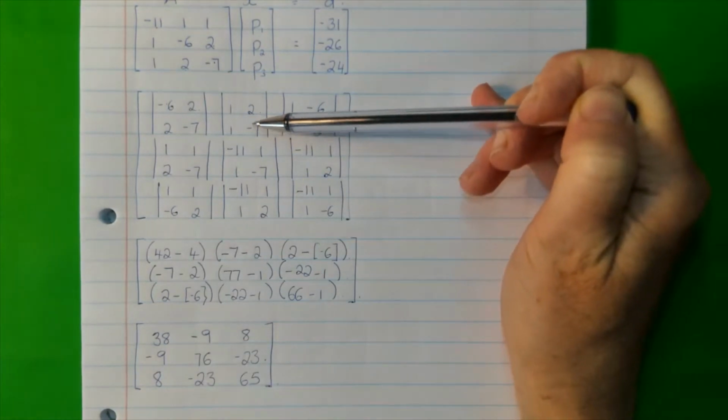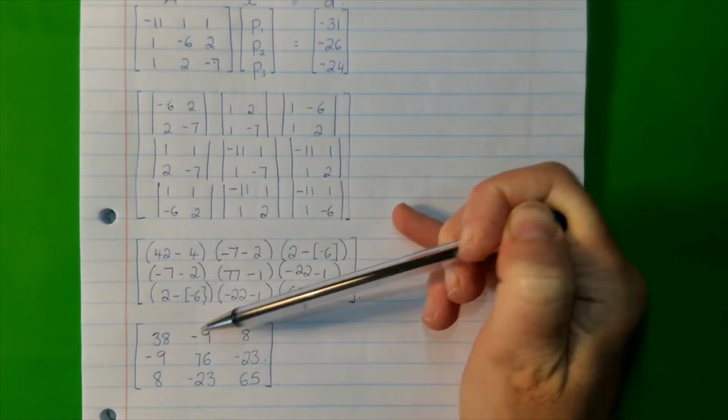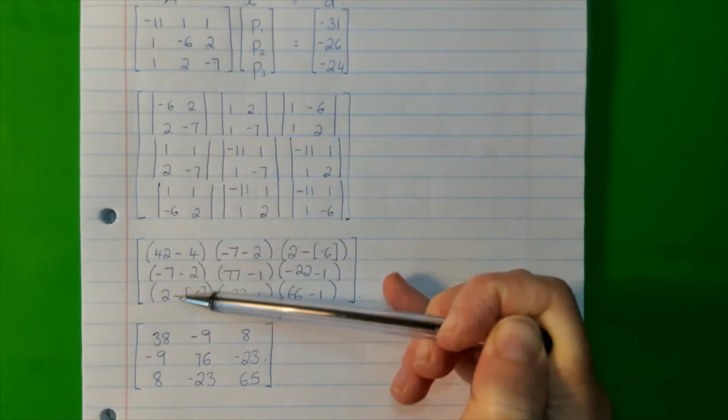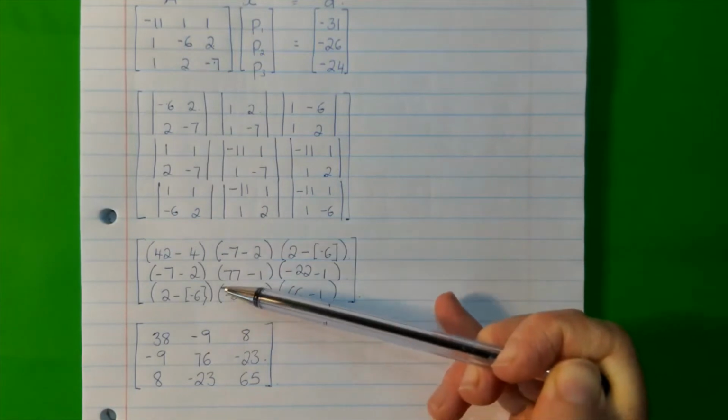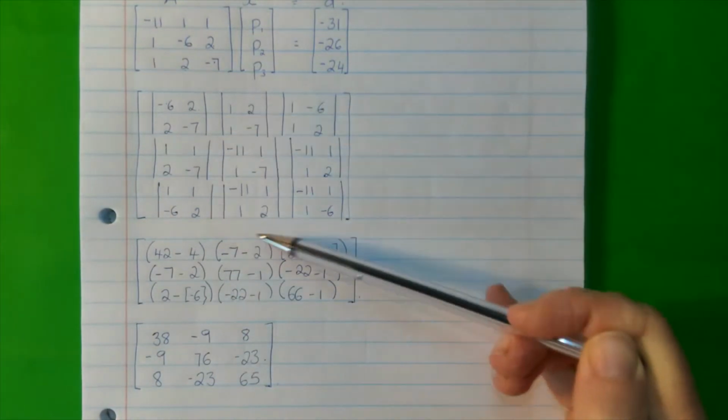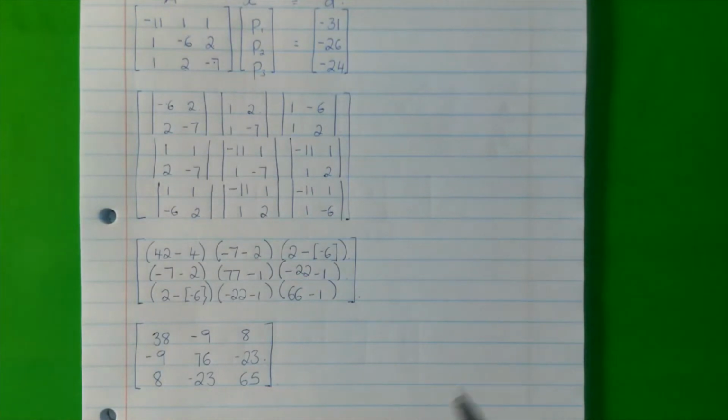And so we can continue to work out all of these values. I'll leave you to work through these calculations, and you will get the matrix of minors, which in this example works out to this matrix here.